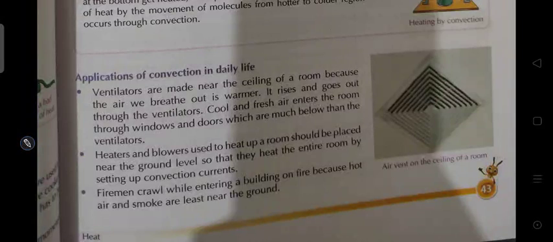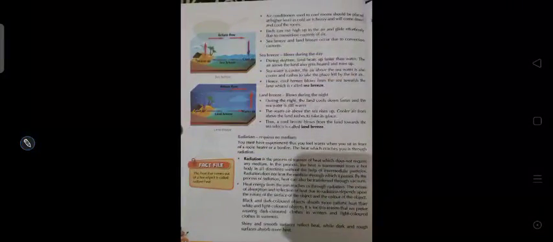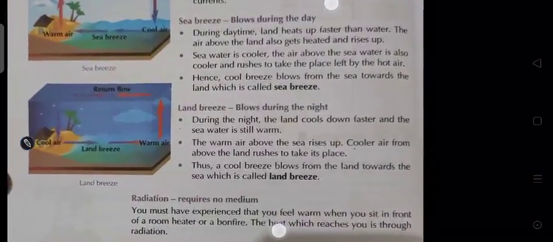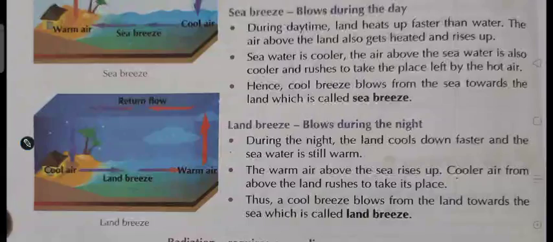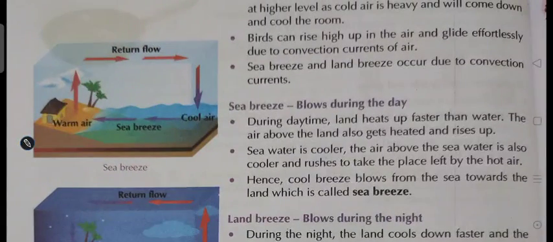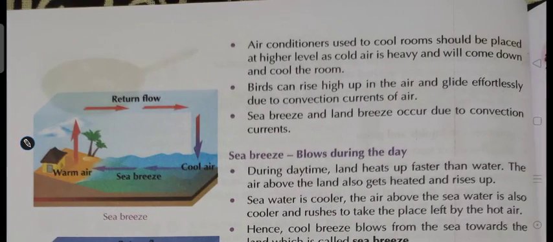Now, the firemen crawl while entering a building on fire because hot air and smoke are least near the ground. Now students, we will discuss how the convection method helps in different applications.